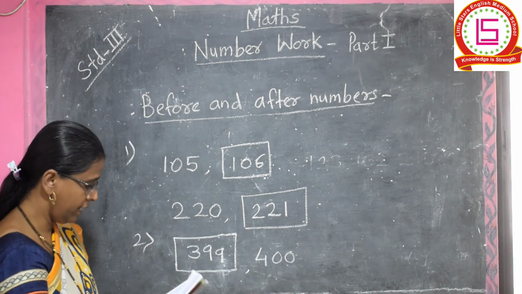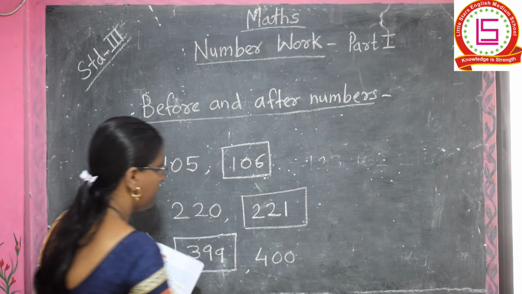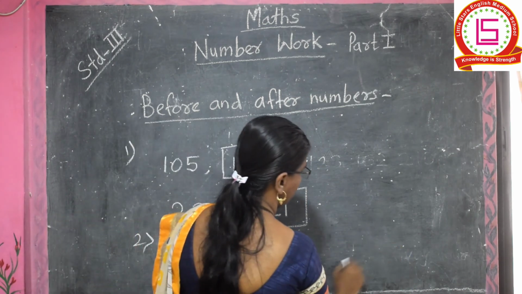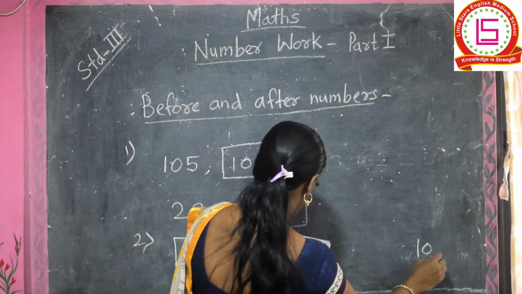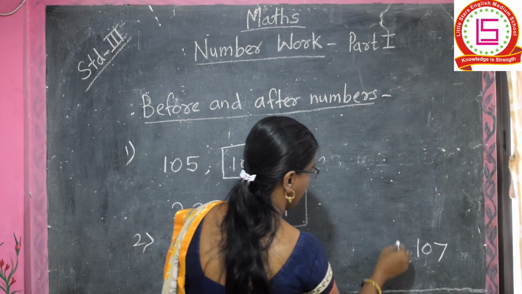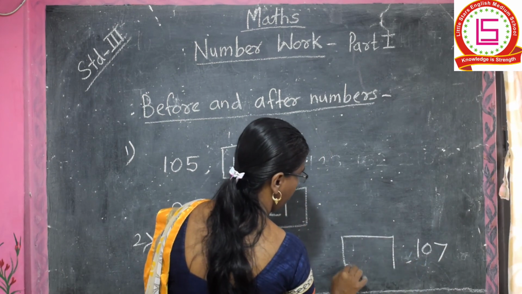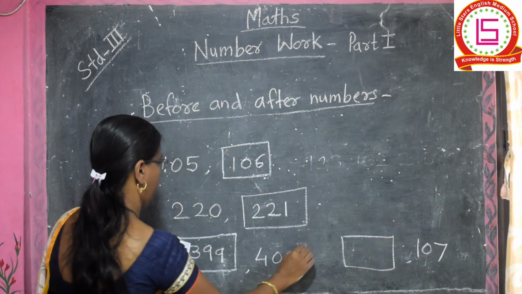Okay. Then next, 107. Write the before number of 107.